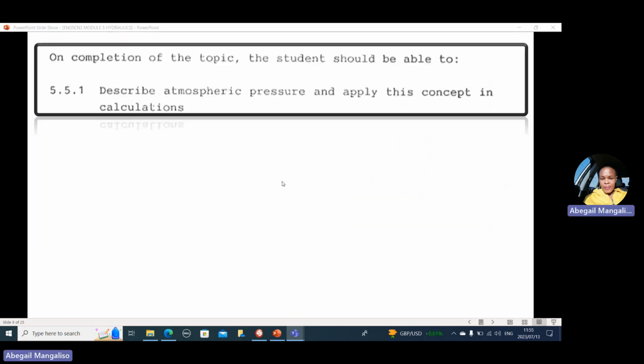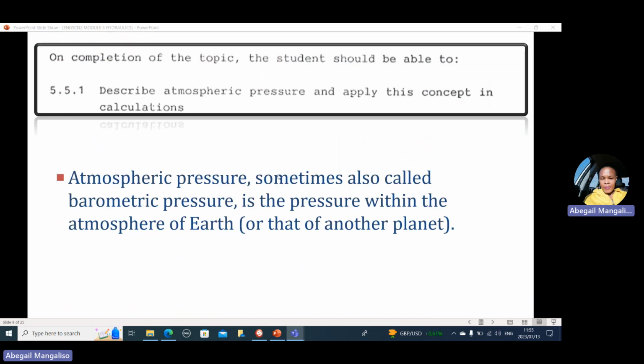One of the learning outcomes on completion of the topic is that the student should be able to describe atmospheric pressure and apply these concepts in calculations. Atmospheric pressure, which is also called barometric pressure, is the pressure within the atmosphere of the Earth.